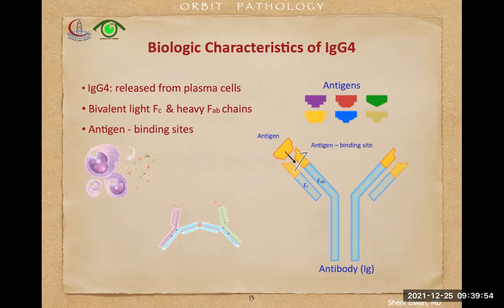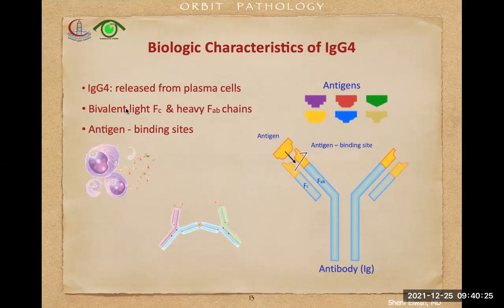Immunoglobulins, or Igs, are proteins that are secreted or released from the plasma cells in blood, and there are five types: IgG, A, M, E, and D. And in particular, IgG is composed of a bivalent molecule, that means two sites for attachment of the antigen.